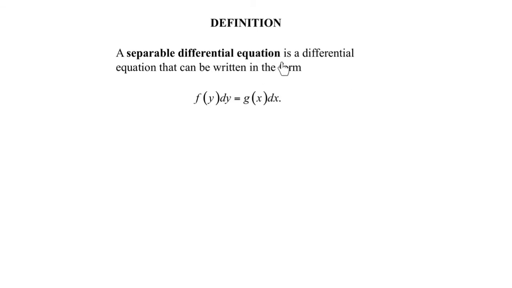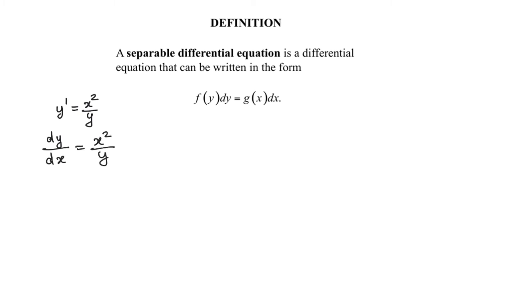Separable differential equation. That means a differential equation which can be written in this form. That means all the y on one side and x's on the other side. For example, y prime equals x square over y. This is a separable differential equation because y prime we can write as dy over dx, and x square over y.